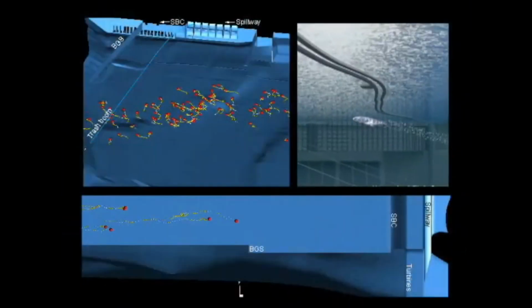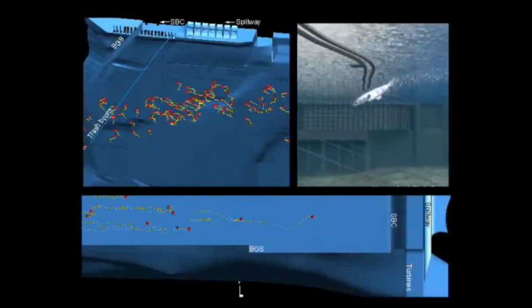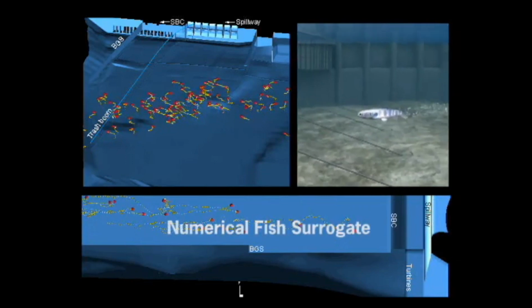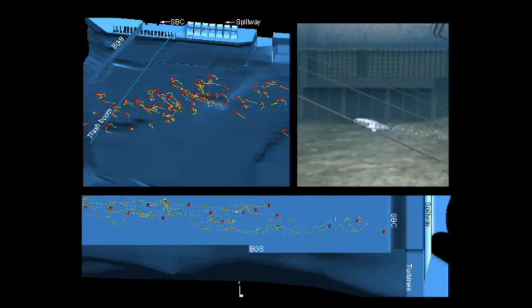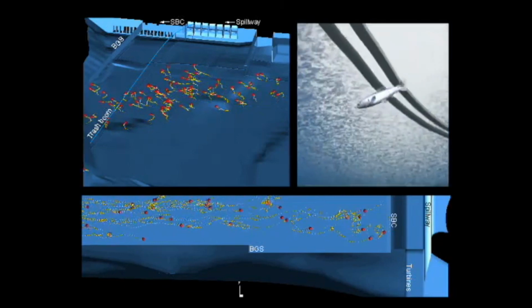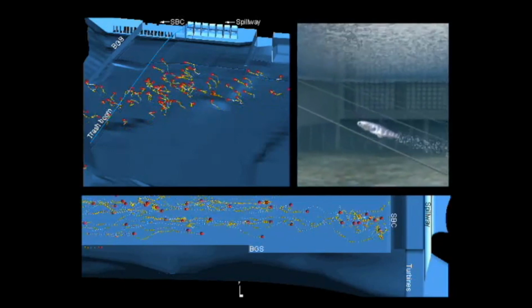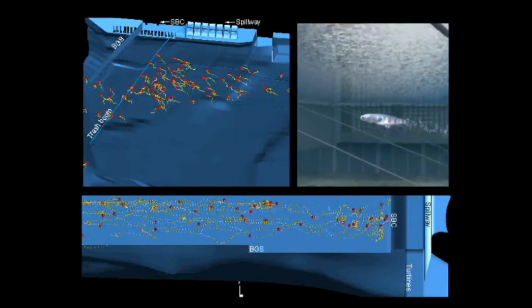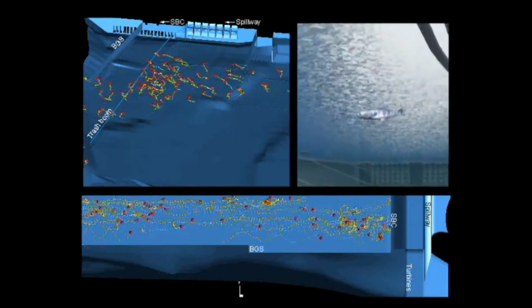To help in this effort, the Corps has developed an analysis and modeling technology called the numerical fish surrogate, which is used to mathematically decode the 3D movement behavior patterns of individual fish responding to hydrodynamics, water quality, and other stimuli in their aquatic environments.